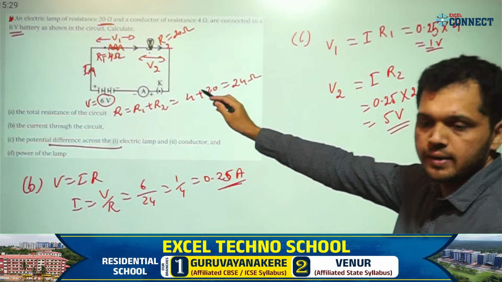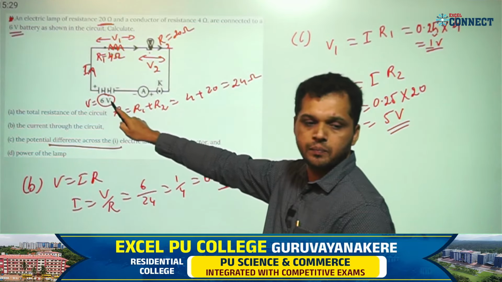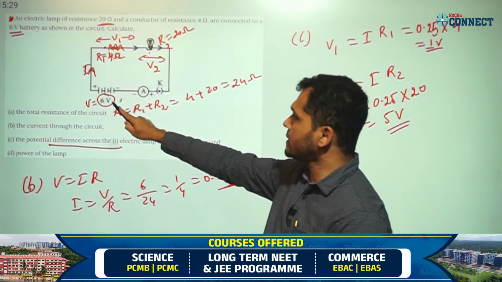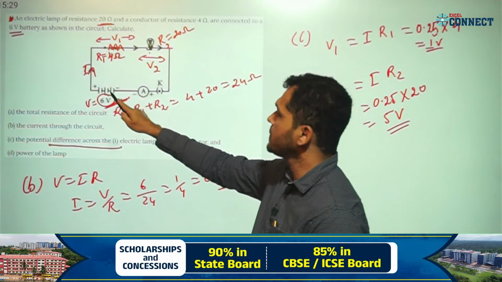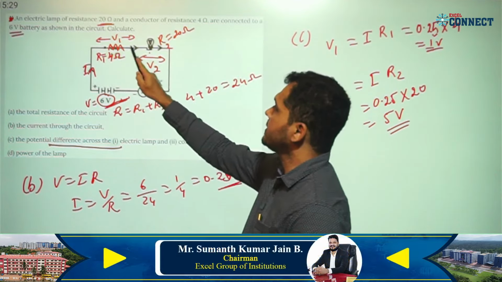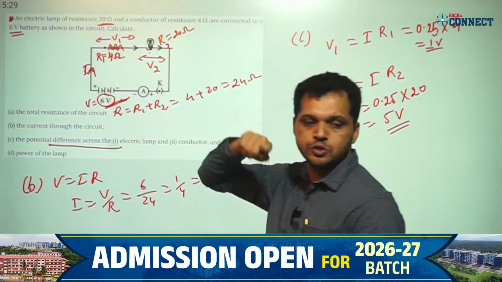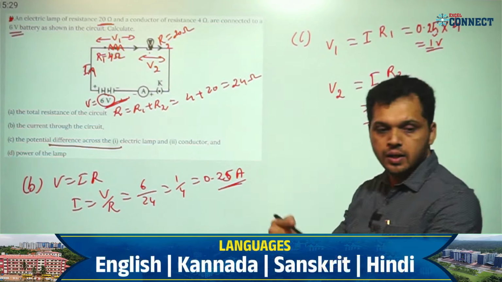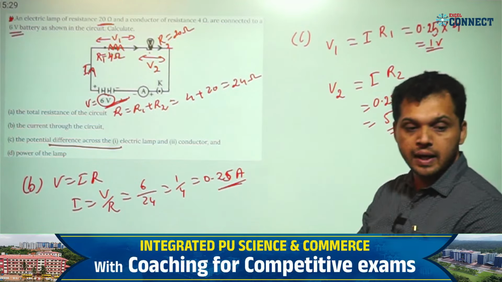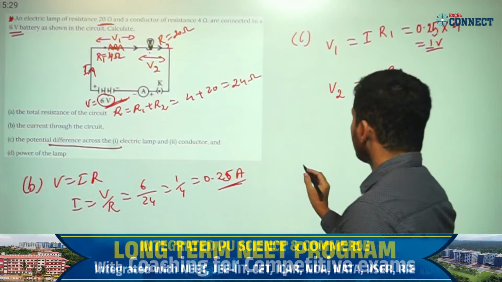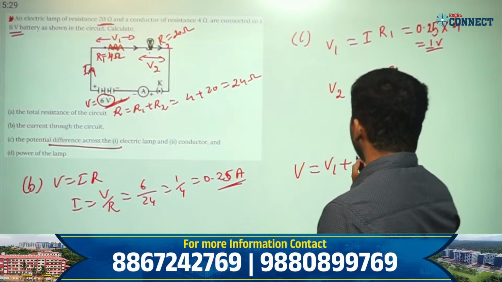You cross check, is it correct or not? What is the supplied voltage here? Sorry, 6 volts is the supplied voltage, and these two devices are in series, so total potential drop is V1 plus V2. In the previous problem, the voltage was the same because they were in parallel. Here it is in series, so the total supplied voltage must be V1 plus V2.